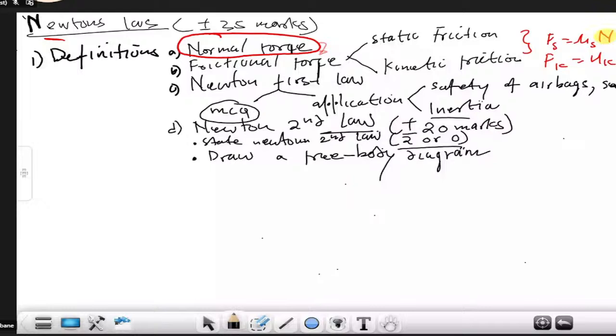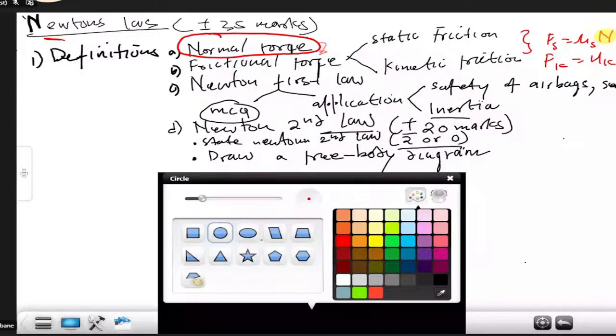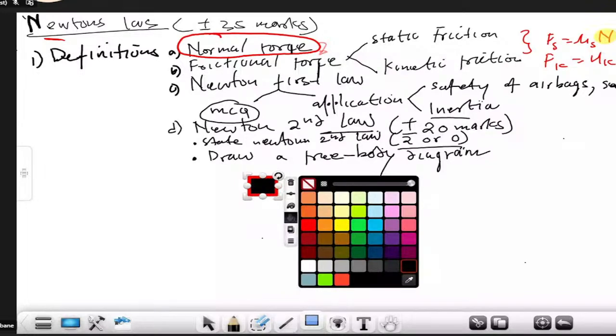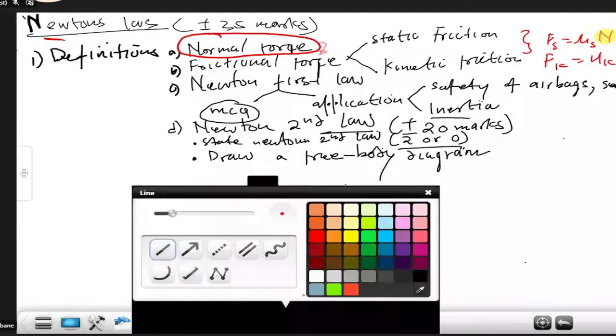The challenge is that in the exam, I am given 2 objects that are connected by string.